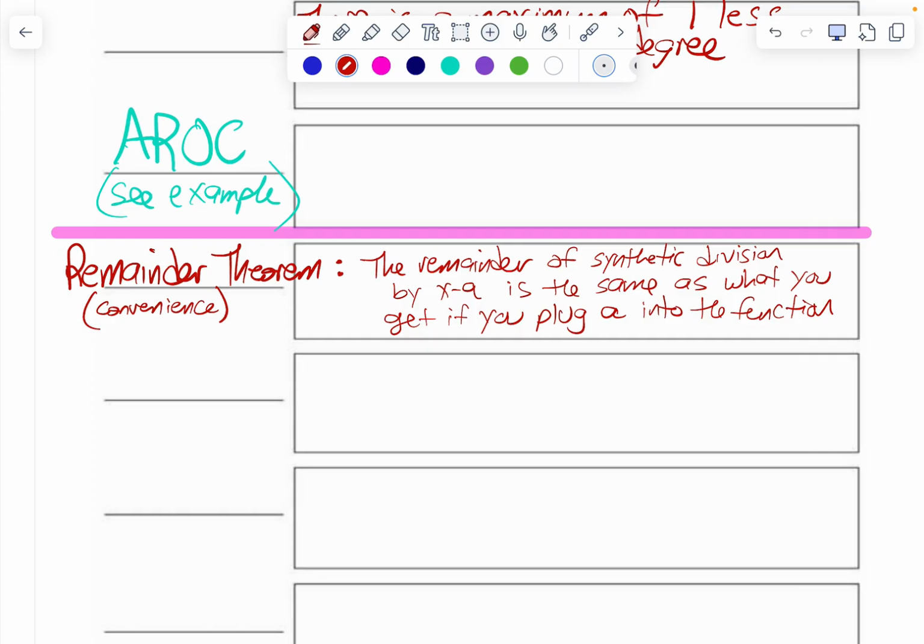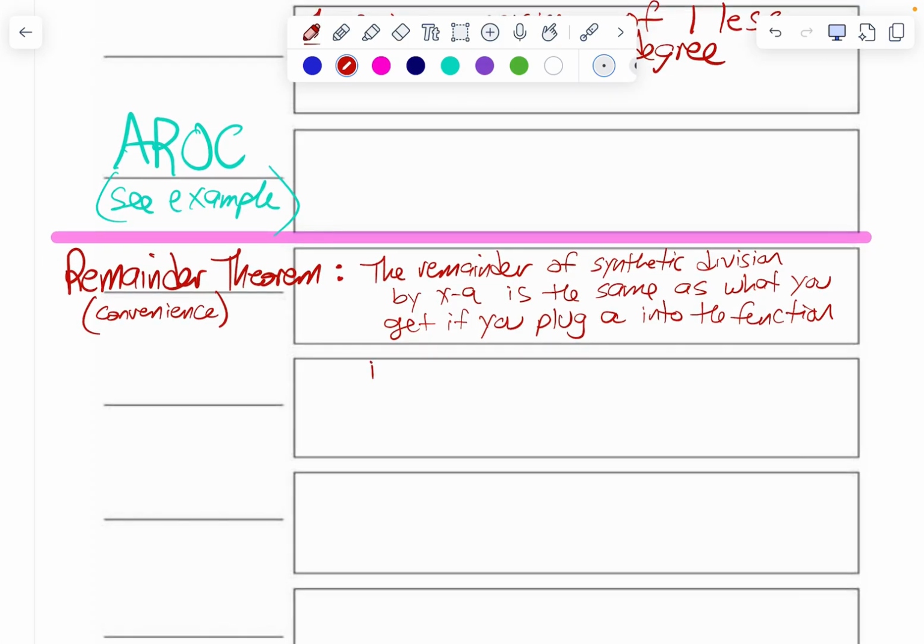Let's make this just a bit more clear. So I'm going to take 2 boxes for this. Let's pretend we have some number, right? We have all this synthetic division, and we get this remainder here. That is the same as if I plug a into the function and get the result.